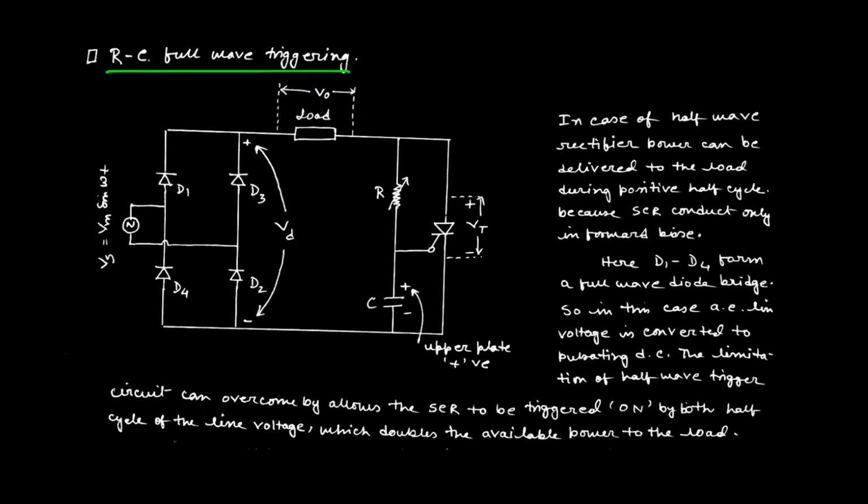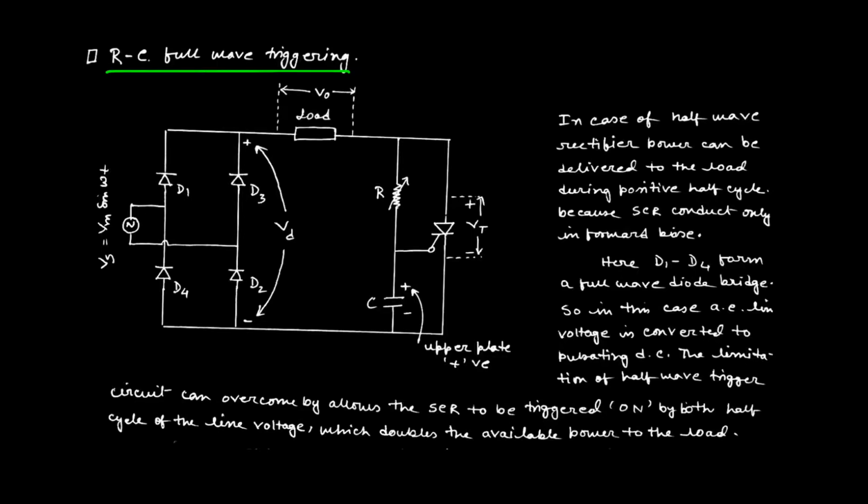In this case, as it is a full wave triggering circuit, both the positive and negative cycles should be reflected on the load as positive cycles only. That is why the bridge is connected in this circuit. The output power should be twice that of the RC half wave triggering circuit. This is the benefit of using the bridge circuit.